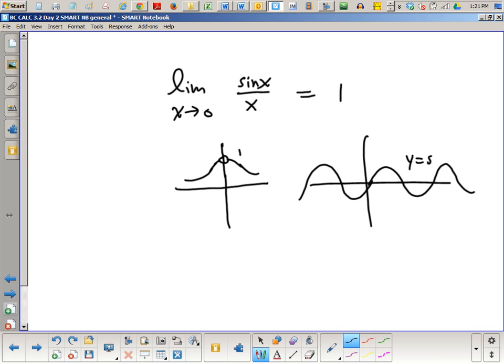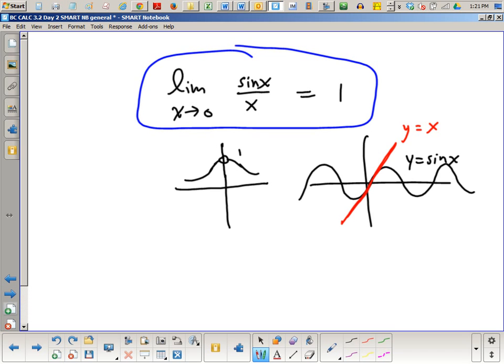So this is y equals sine x. And this is y equals x. One way of interpreting this is to say that when you are near 0, these two graphs are virtually indistinguishable. You can't tell the difference between them. You guys see what I'm saying?